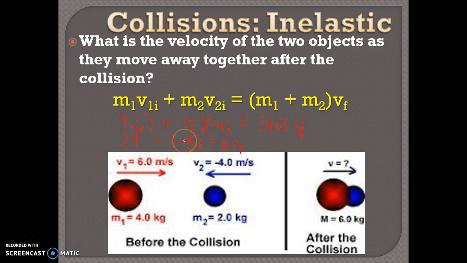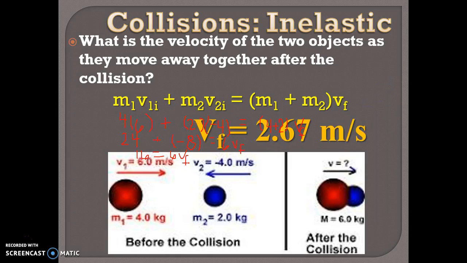Adding these together, the 24 plus the -8 gives you 16. And it's equal to, nothing has changed on the right side, so we're going to just drop down and recopy 6 times VF. When you divide that out, you should definitely get that the final velocity of that unit together is 2.67.